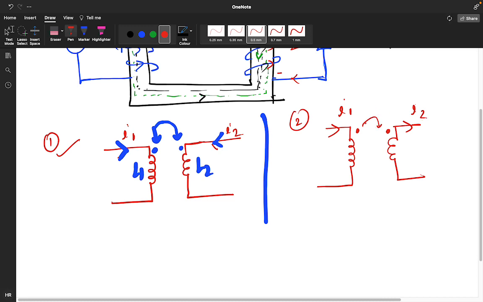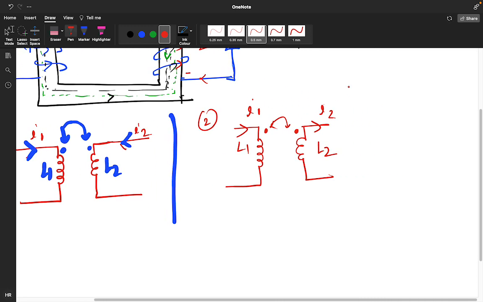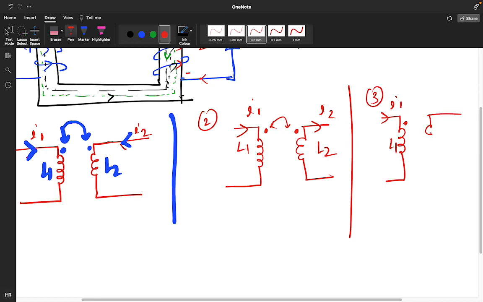This is my dot, this is my L1, this is my L2. And the second concept, third one: if I am giving this dot this side, L1 this side, this is my I1, this is my I2. So mutual inductance will be from this dot to this dot.